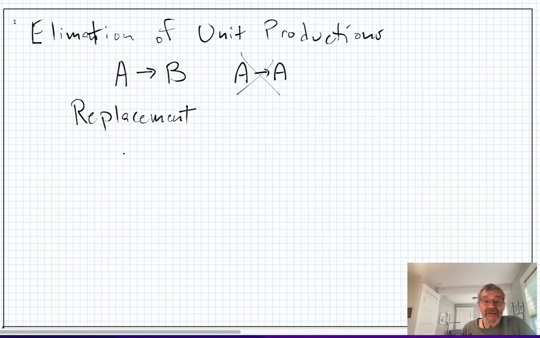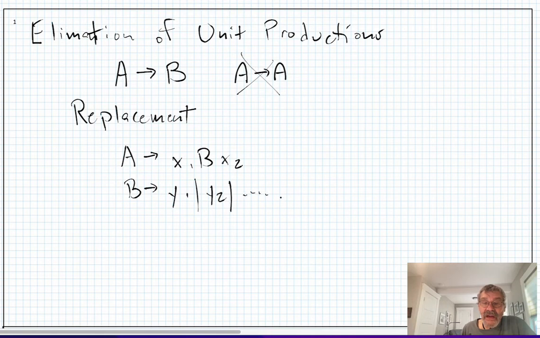We had something: if we had a production that looked like this, and the assumption here is that A doesn't equal B, we said that we could get rid of this B and just substitute these expressions in here.